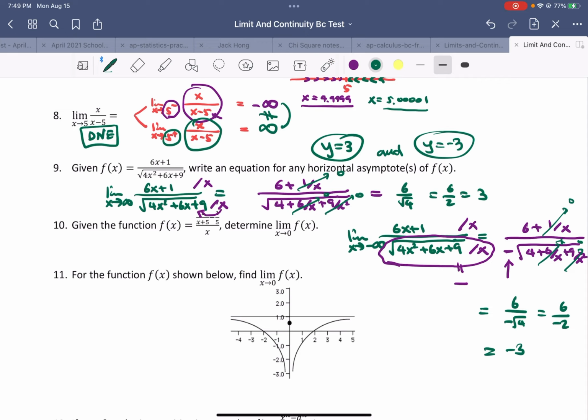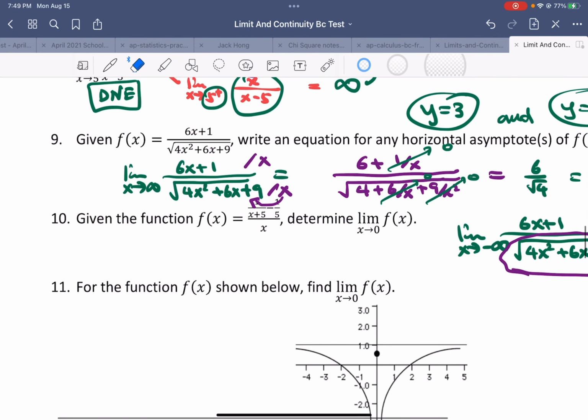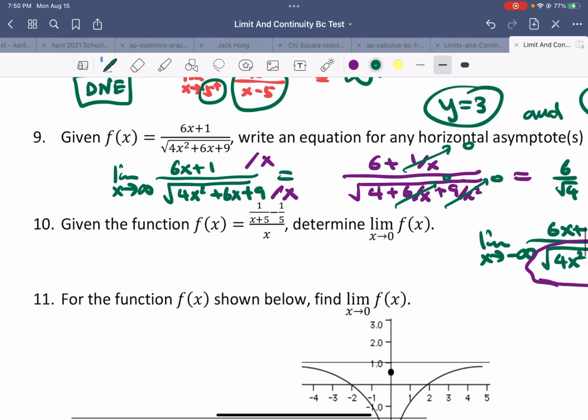Okay. Let me erase a little bit here. Okay. Given the function f of x equals 1 over x plus 5 minus 1 over 5, all over x, determine what the value of f of x is as x approaches 0. Okay, so let's simplify. When you plug in 0, it's 0 over 0. So you can use L'Hopital's rule, but I don't want to use L'Hopital's rule.